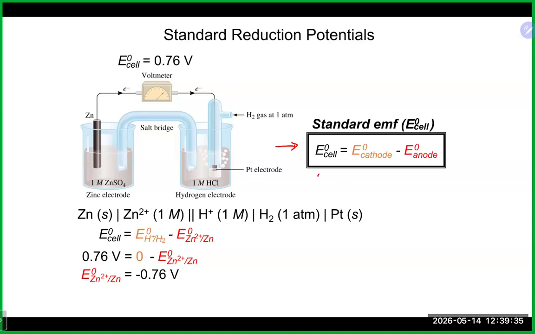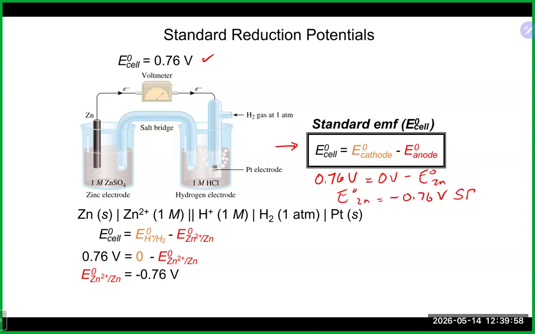And again, our voltage in this cell was 0.76 volts from the voltage meter we hooked up. Our cathode, which was our hydrogen, is 0 volts minus our anode here, which was our zinc in this case. Bringing the zinc to the other side and subtracting the 0.76 volts over.